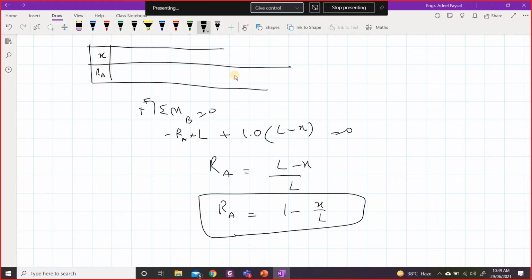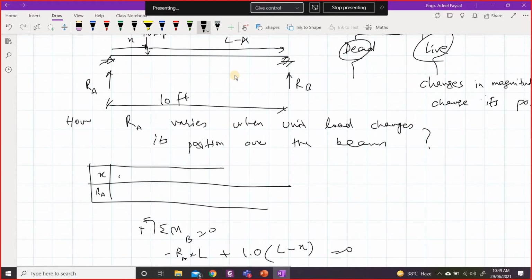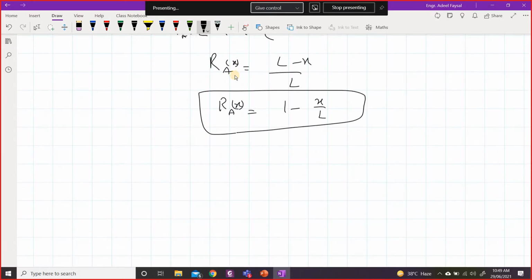So this function will let me know how RA would vary. RA is a function of x in this case. How would RA vary when x changes from 0 to L? So I can plot this and I can see how it varies. Okay?